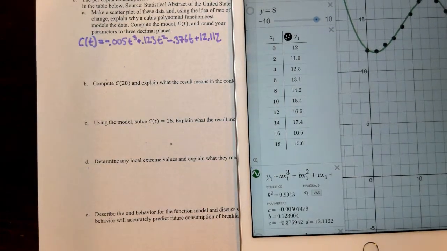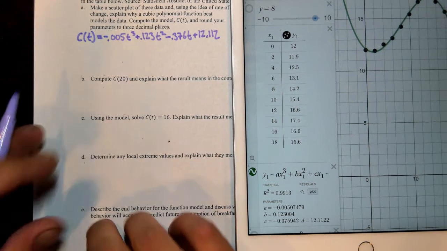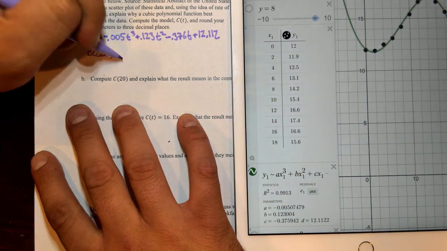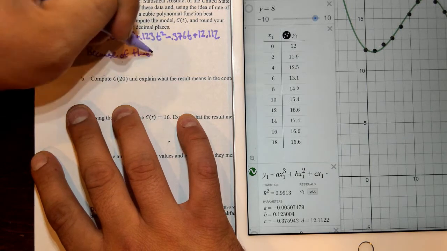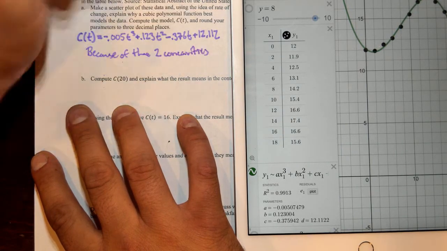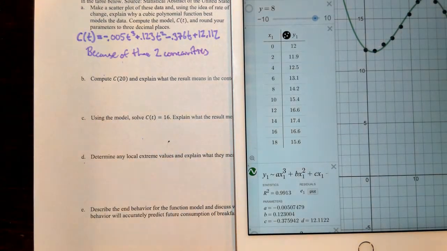So that's our function. And explain why a cubic polynomial function best models the data. Because of the concavities. Because of the two concavities, we have one section that's concave up, and then one section that's concave down.